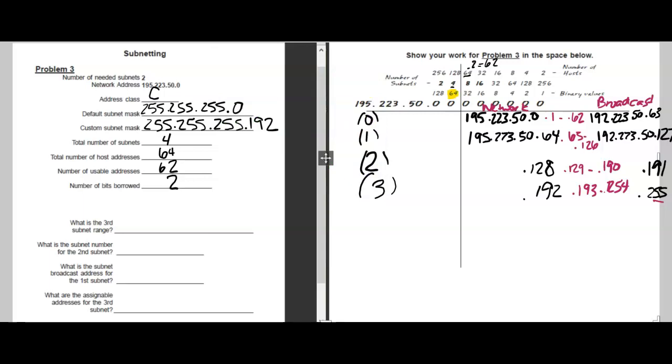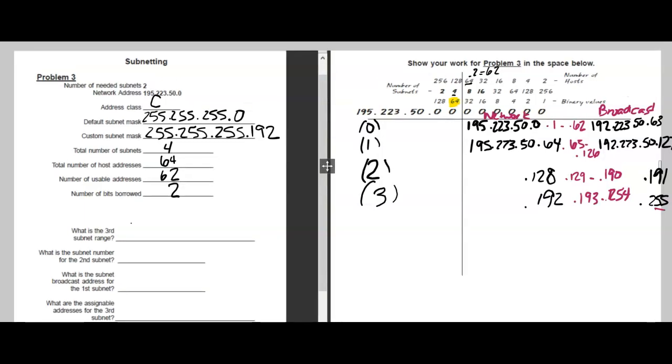So the third range, 1, 2, 3. The network range is going to be 192.223.50.128 to 192.223.50.191. And the network address, I hate subnet number.